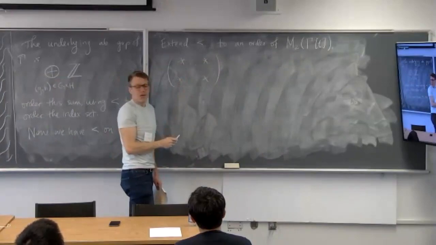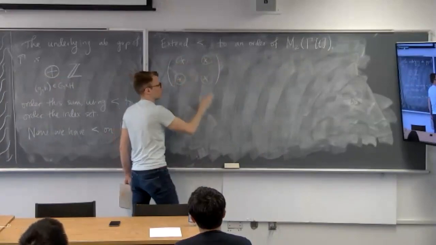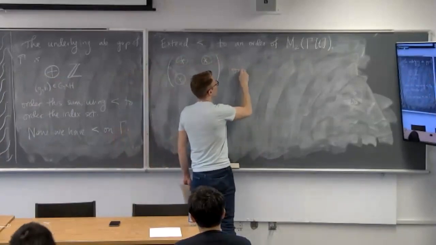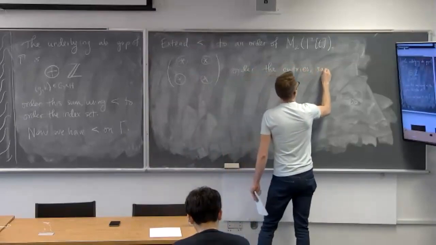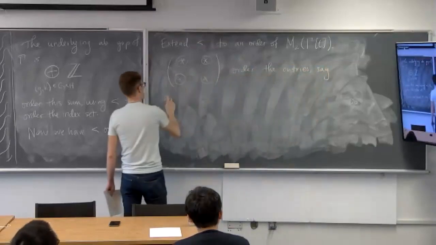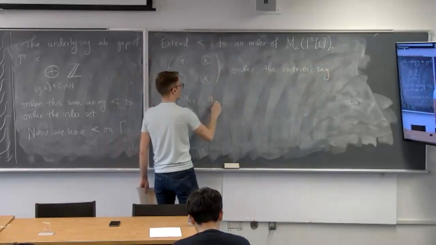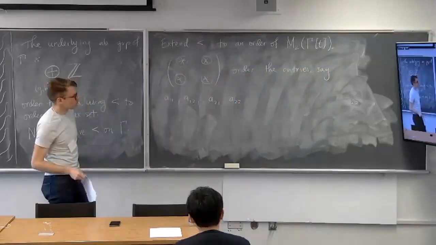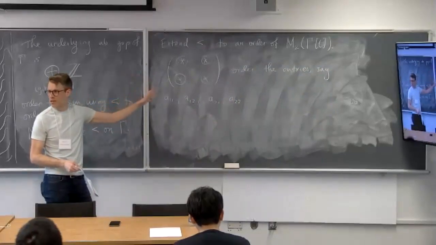So this is the first entry, this is the second, this is the third, this is the fourth, in the obvious way: A11 is the first, then A12, A21, A22. It doesn't matter which way you order them. You just have to pick one and stick with it.